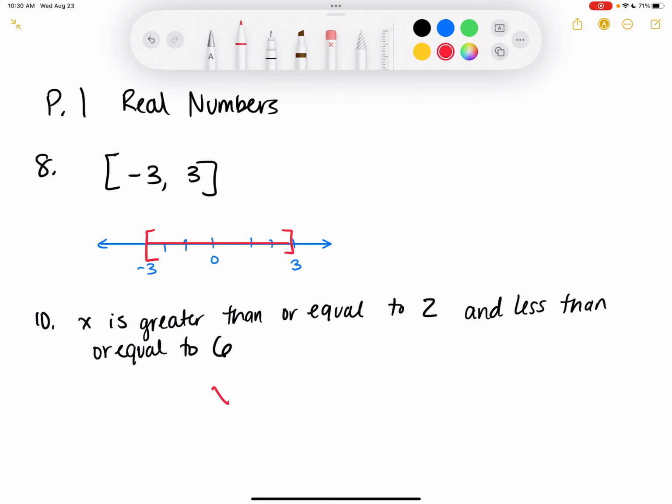So if I was going to actually write this in terms of symbols instead, what would I have?